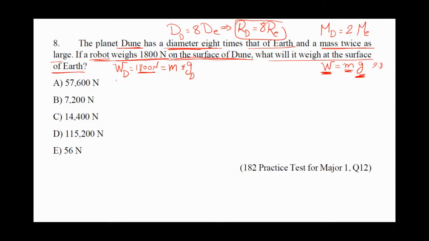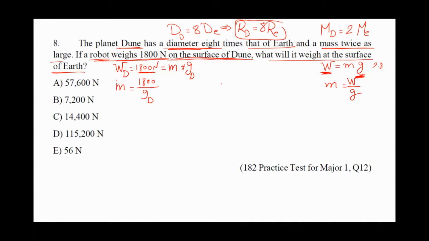The mass is constant. I said that 5 minutes ago. The mass does not change. So the mass equals 1800 Newton divided by GD, and also the mass equals the weight of the object divided by G. So I can equate both of them, to make a relation between Dawn and the Earth.